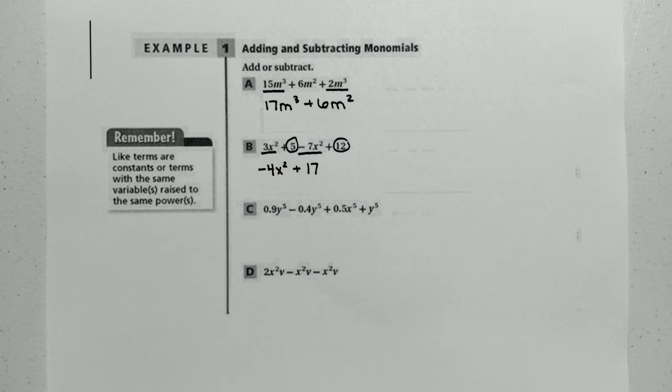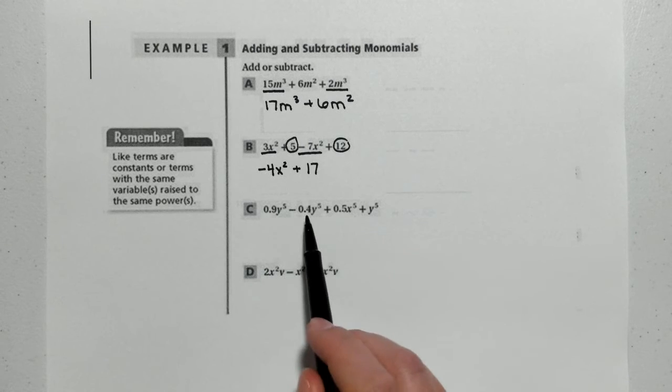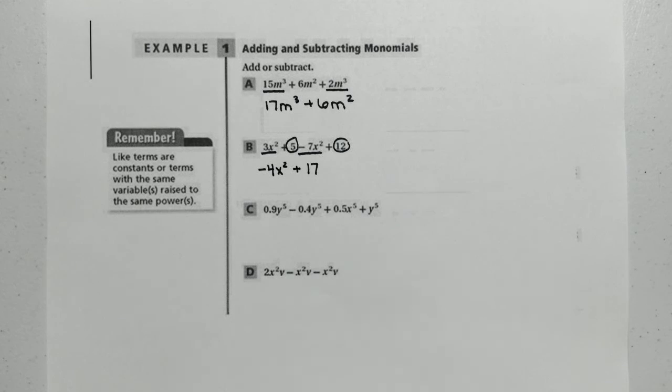In C, I have 0.9y to the fifth minus 0.4y to the fifth plus 0.5x to the fifth and plus y to the fifth. So you'll notice that there are y to the fifth and x to the fifth. y to the fifth, those will be like terms. The x to the fifth is not.